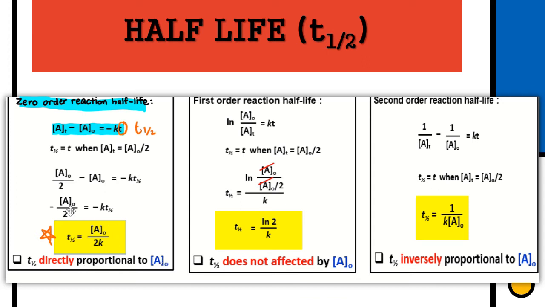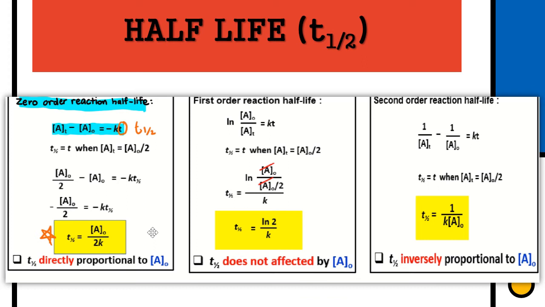How do we get this? It's from this equation. It's directly proportional, meaning by changing the concentration of our reactant, the half-life will also change. The half-life will increase if we increase the initial concentration. If the initial concentration is lower, the half-life will become shorter.